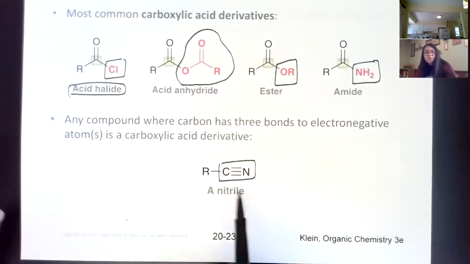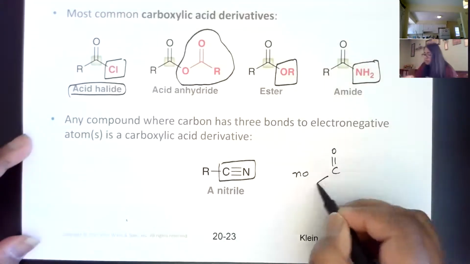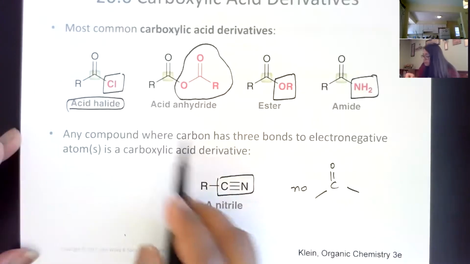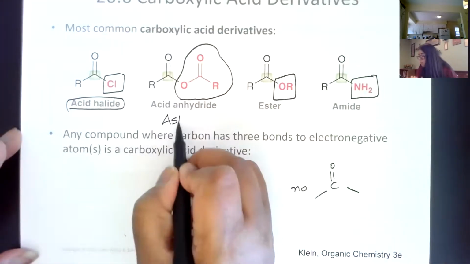This is also a derivative, although it doesn't have the carbonyl carbon. Okay, no carbonyl carbon. Acetic anhydride, you use that to make aspirin.